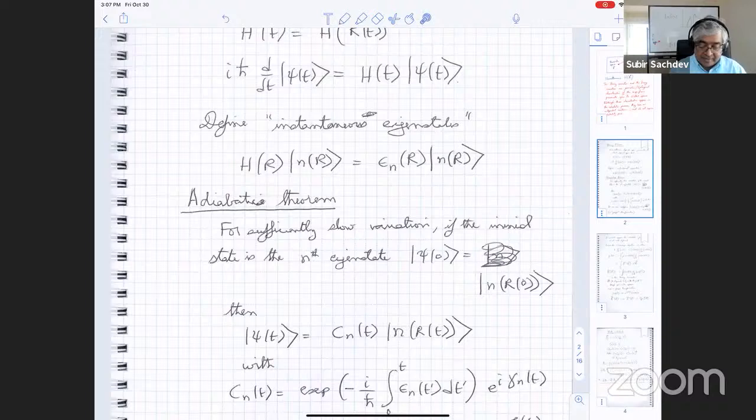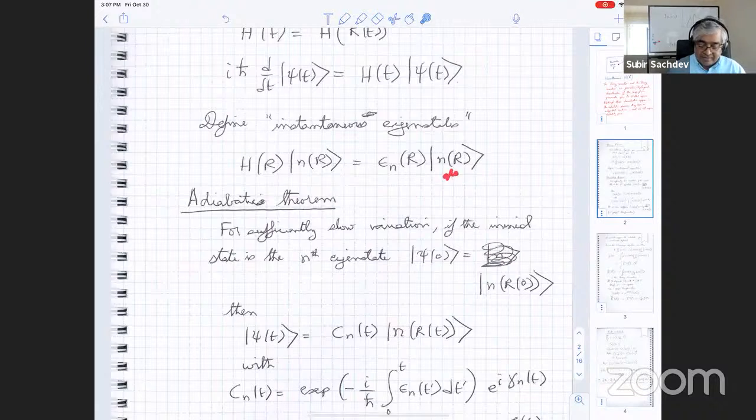A key observation that will play a central role is that there's a phase here. You can always choose the phase of |n(R)| to be different. It's up to you. It doesn't affect the eigenstate. So H of R is fully fixed, but |n(R)> is fixed only up to a phase, and it's up to you to choose what that phase is.